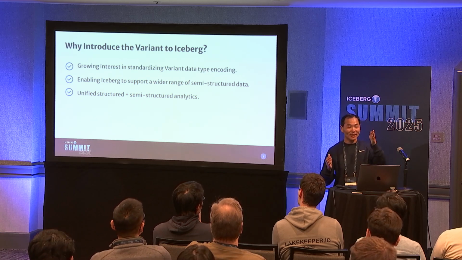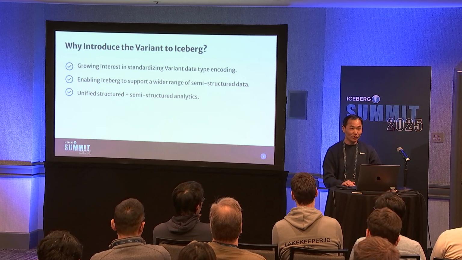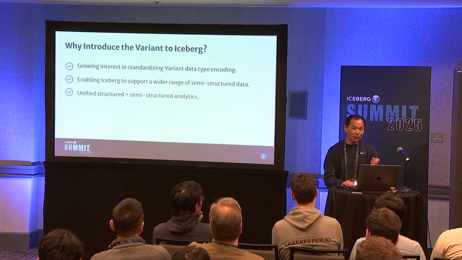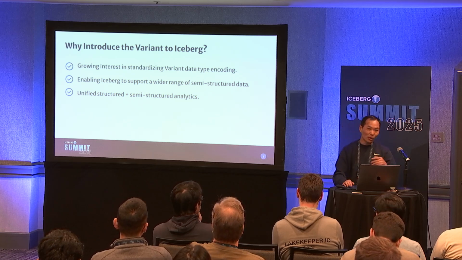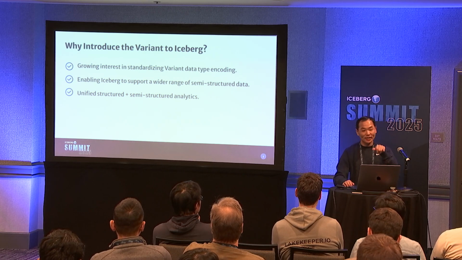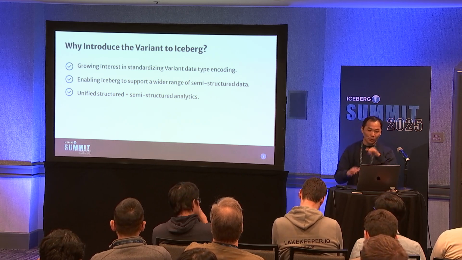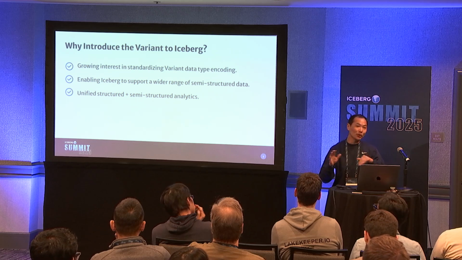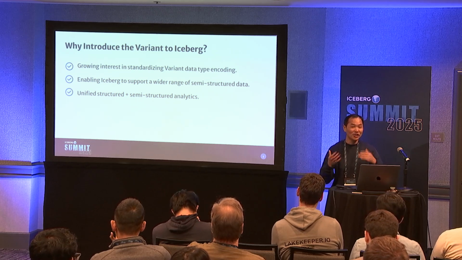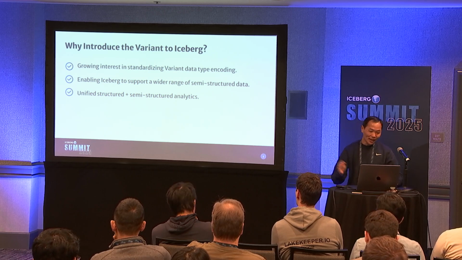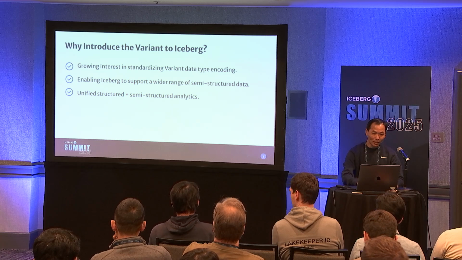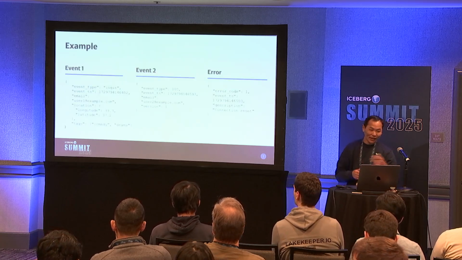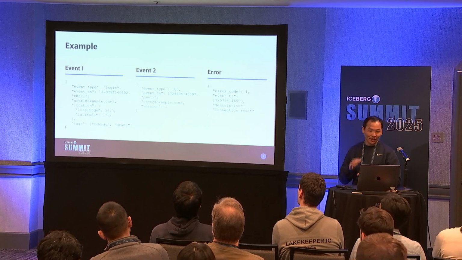If one data set has column 1, column 2, and another has column 3, column 4, right, you have to have your own logic and create a separate table to handle that. But with variant, you can have a very uniform schema. Later, you can probably find out with some examples. Here are some examples.